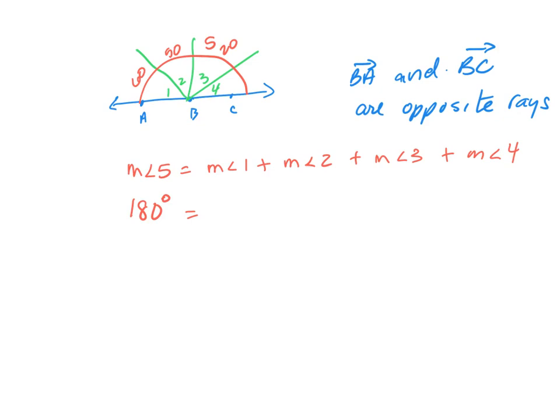So we'd add these 3 and subtract from 180 because you know angle 5 is 180 because it's a straight line. So then you would do, that's 110, 130 degrees when I add those 3 up, plus the measurement of angle 4 equals 180. So now I subtract, and the measurement of angle 4 equals 50 degrees.